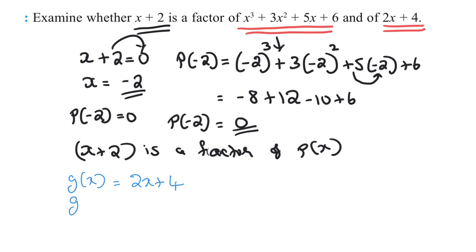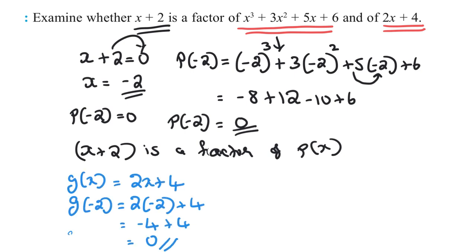Let's find out what is g of minus 2, whether it will be equal to 0 or not. So wherever I have x, I'll plug in minus 2. So 2 times minus 2 plus 4, which is minus 4 plus 4, which is equal to 0. Great.